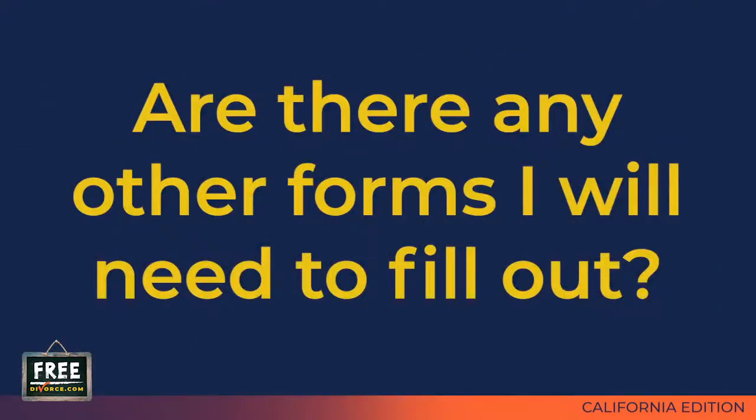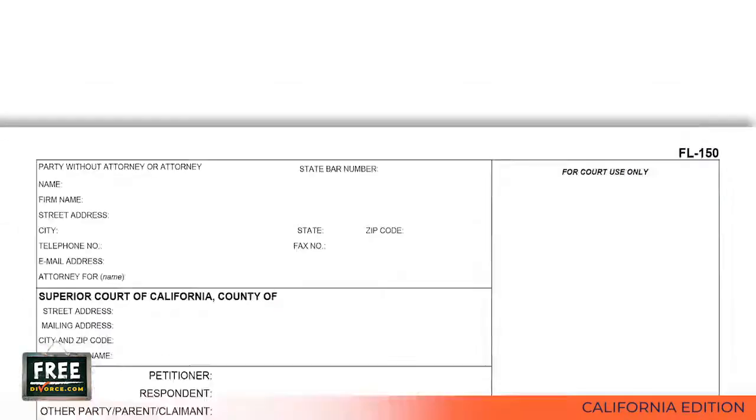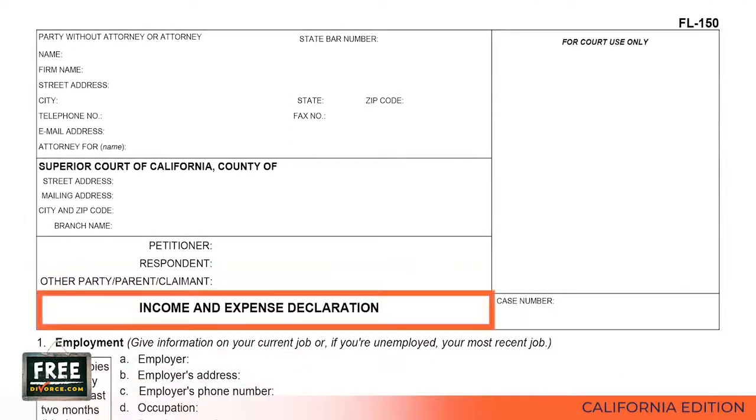Are there any other forms I will need to fill out? As mentioned in the last video, if you're asking for financial orders in your DV-100, such as child support, spousal support, debt payments, etc., you will need to complete and file your income and expense declaration, which is FL-150.